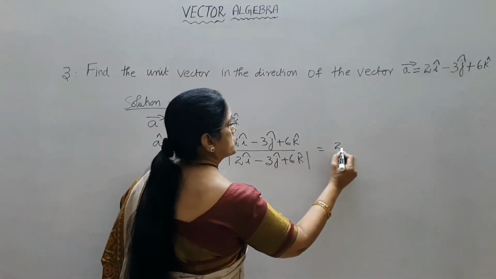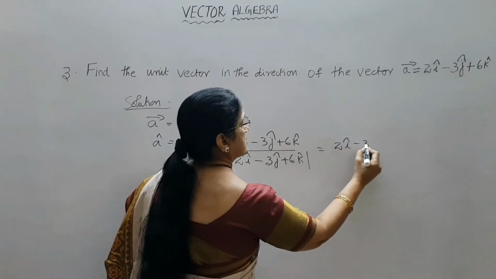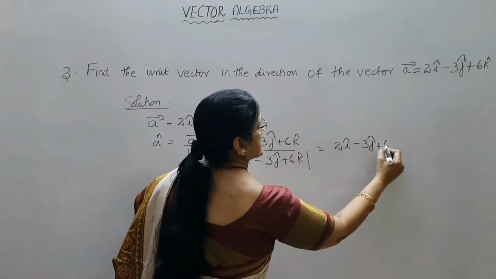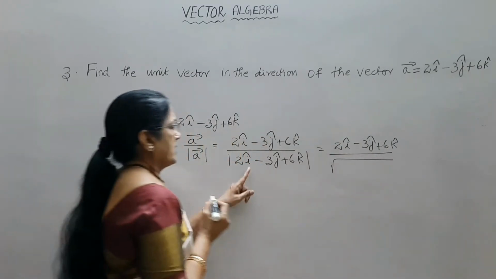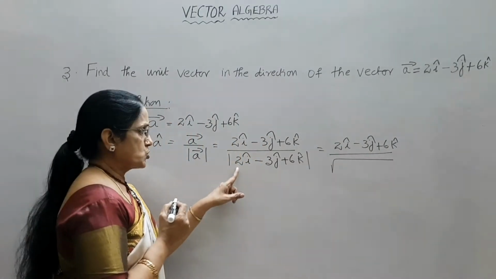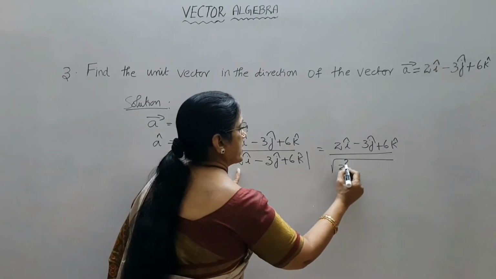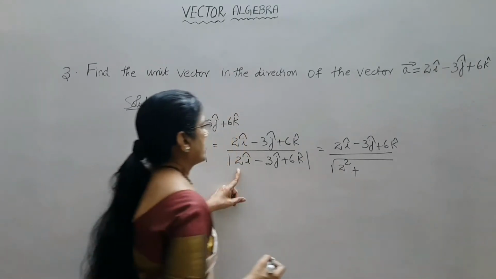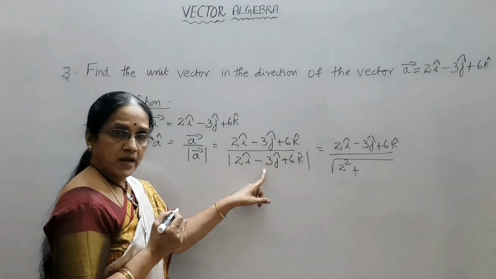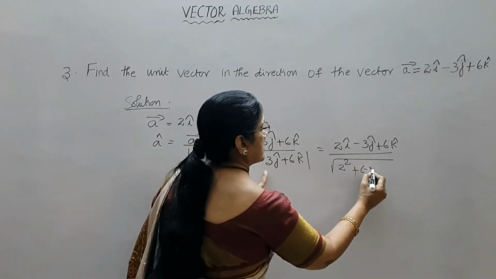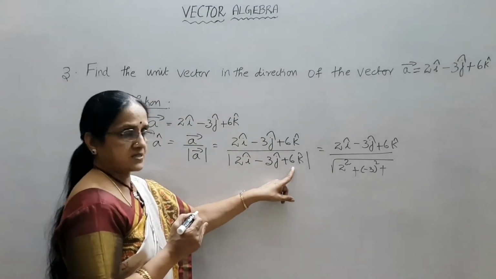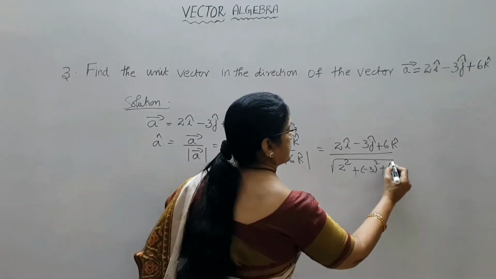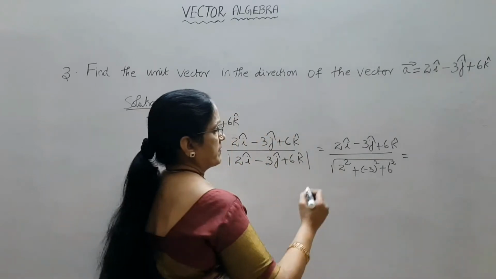This is 2i cap minus 3j cap plus 6k cap by square root of, coefficient of i cap here is 2, so you'll be having 2 square, plus coefficient of j cap is minus 3, so minus 3 the whole square, plus coefficient of k cap is 6, so 6 square. Now let me simplify this further.